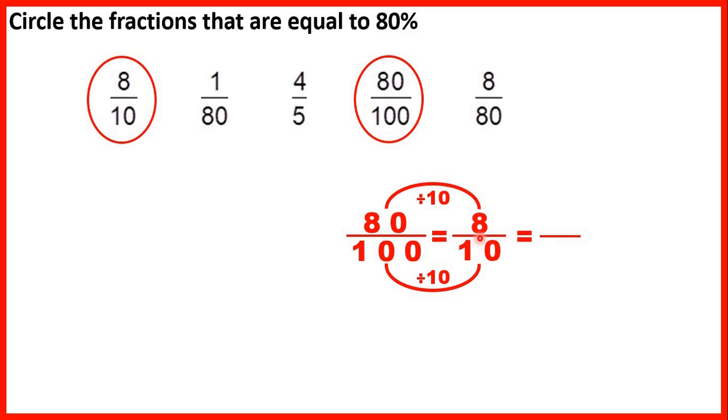And if we simplify further, 8 and 10 are both in the 2 times table, so we can divide both the numerator and the denominator by 2, and that gives us 4 over 5, or 4 fifths. Now our other fractions are 1 over 80, which is very small, and 8 over 80, but we know that that can't be right because we found an equivalent fraction with 8 over 10.